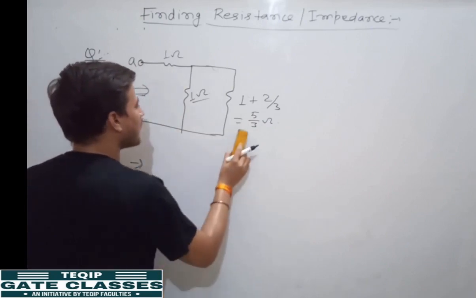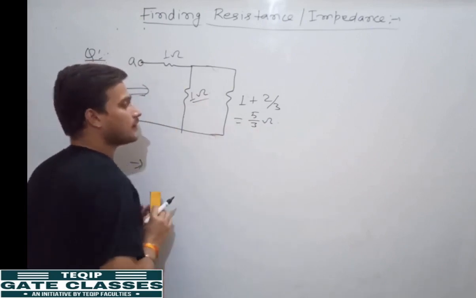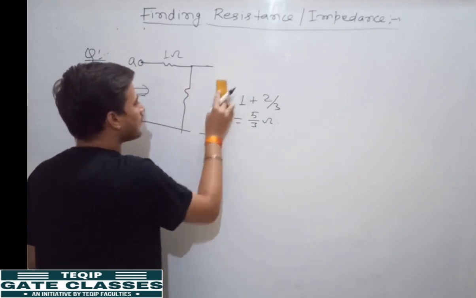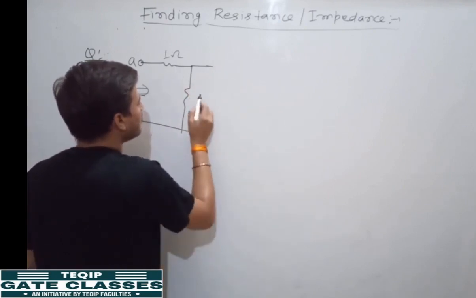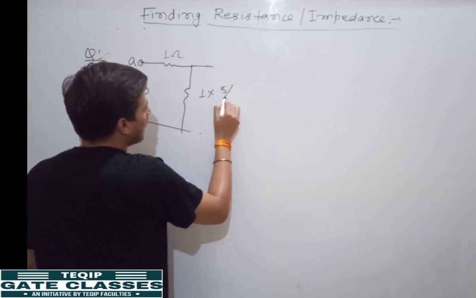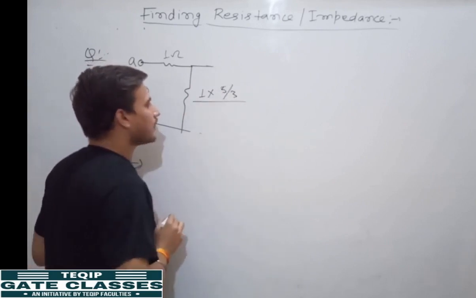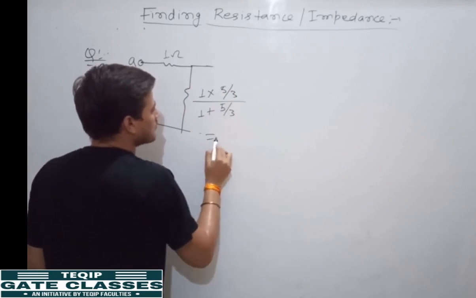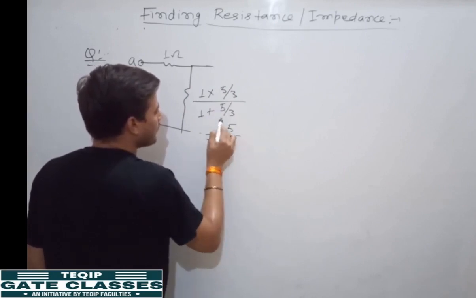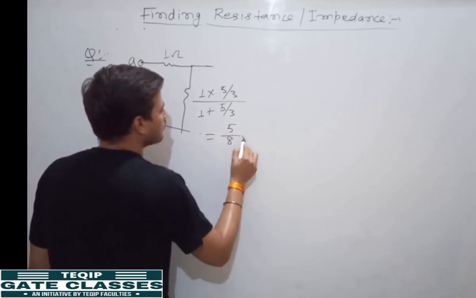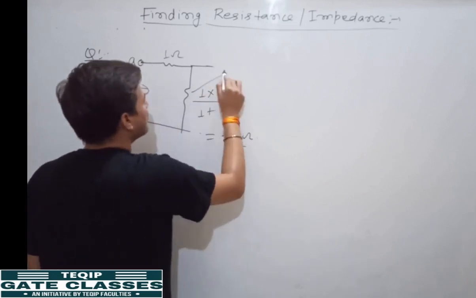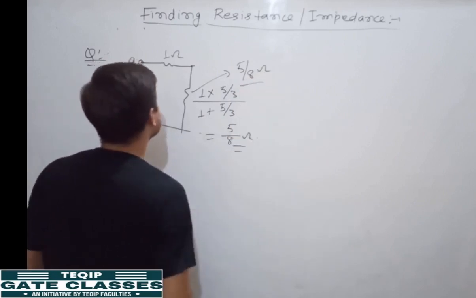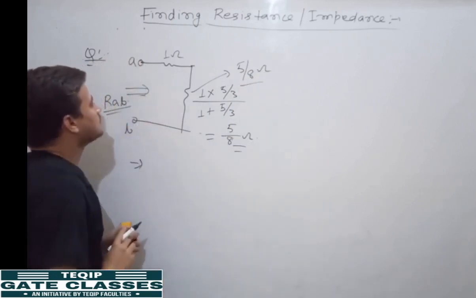Next you see that 5 by 3 ohm and 1 ohm are connected in parallel. So its equivalent will be R1 R2 divided by R1 plus R2, that is 1 into 5 by 3 divided by 1 plus 5 by 3, which equals 5 by 8 ohm. Next, come to the final result.